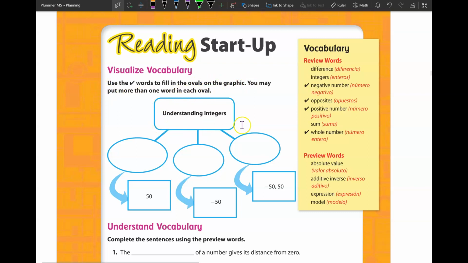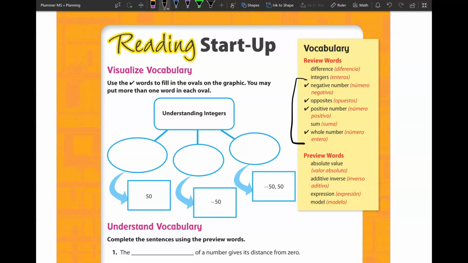In my rectangular oval thing, I have understanding integers, and then I have 3 blank ovals, and then I have 50, -50, and on my last one I have -50 and 50. So I'm going to look at my checkmark words, and see what they are. They're negative number, opposites, positive number, and whole number.